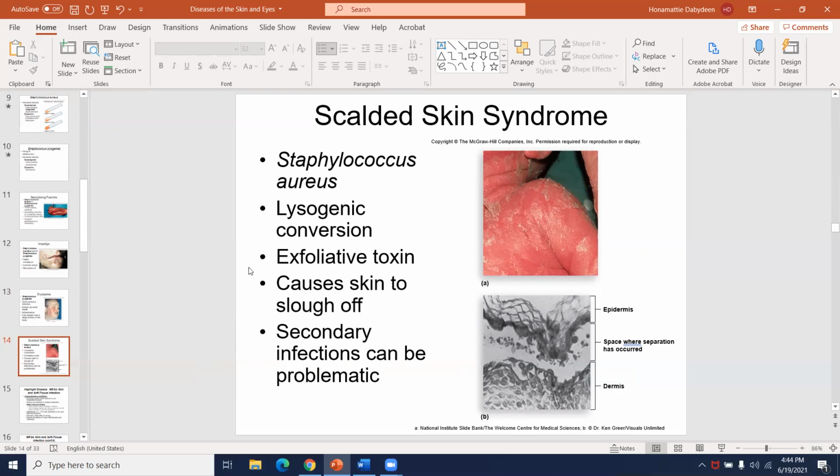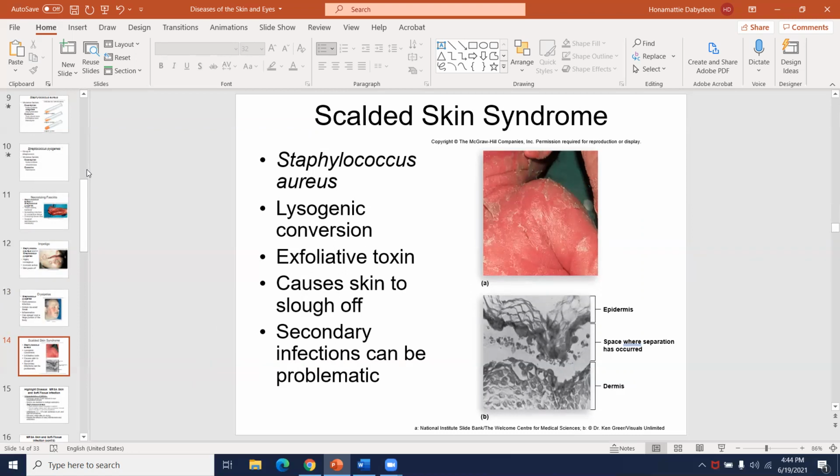You see, your intact skin is very protective to you. But if something is happening to that intact skin, other organisms are trying to get in there and causing damage, like you're seeing on the slide. Of course, it makes room for other organisms, including your own normal flora, to go in there.